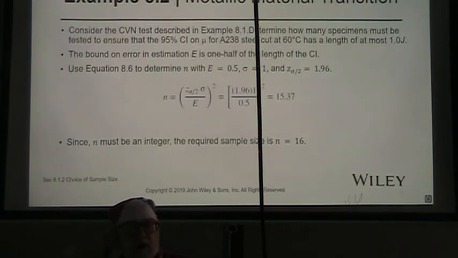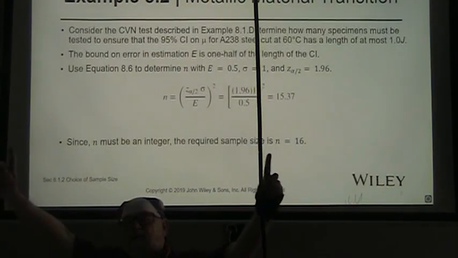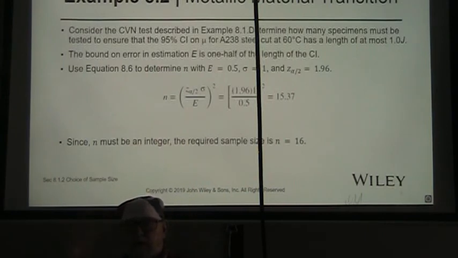In other words, they're trying to limit the confidence interval length by how much error they want. Okay, so they say the bound on error in estimation E is 1/2 of the length of the confidence interval.